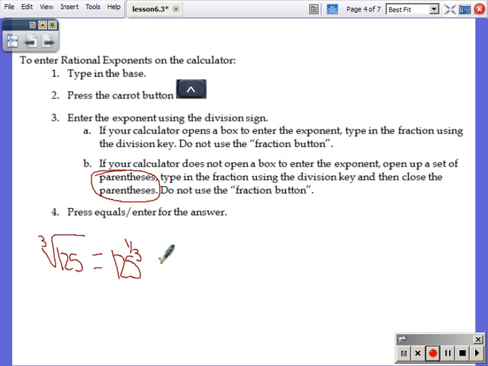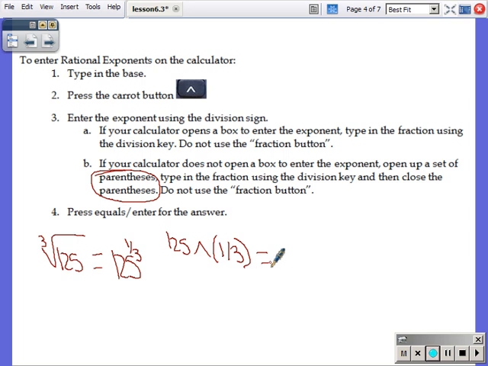On your graphing calculator, and a lot of the Texas Instrument calculators, the buttons I would press: 125, my caret button, a set of parentheses, open it, 1 divided by 3, that's what fractions really are, division problems, close the set of parentheses, and then hit either equals or enter, depending upon what kind of calculator you have.